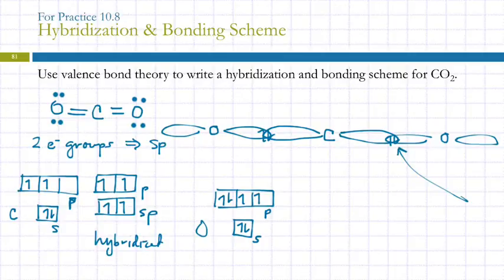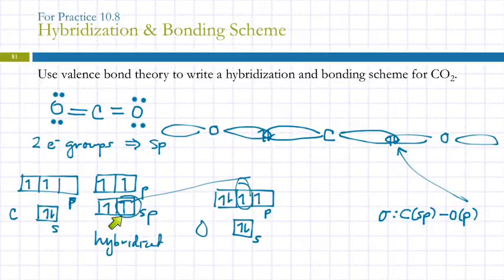Those bonds are sigma, overlap of an sp hybrid orbital on carbon and a p orbital on oxygen. So that's one of these guys overlapping with one of those guys. The other oxygen will overlap with this one.